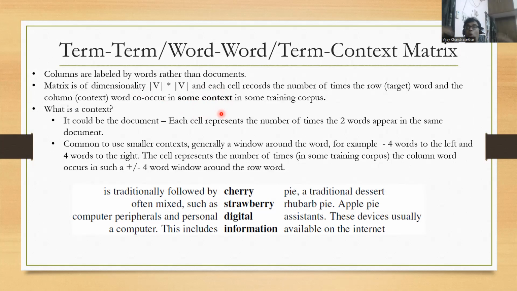Correct? That's the most broad way. So if I have a book on data structures, and the word cherry appears on the third page while data structures is on the 60th page, that doesn't mean they've co-occurred. So we'll have to mathematically define what some context means.